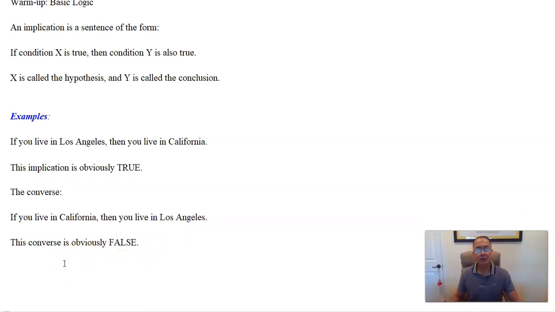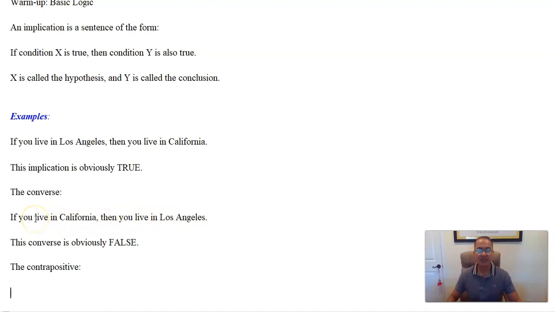So what we're going to do in the divergence test is to construct what's called the contrapositive. The contrapositive is to take the converse but negate both the hypothesis and the conclusion.